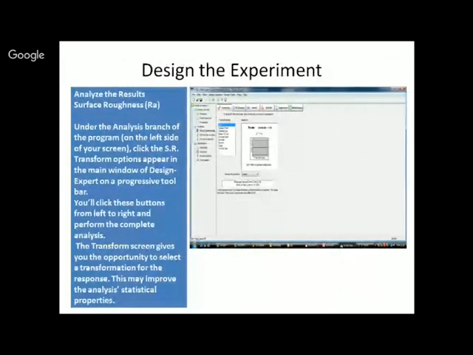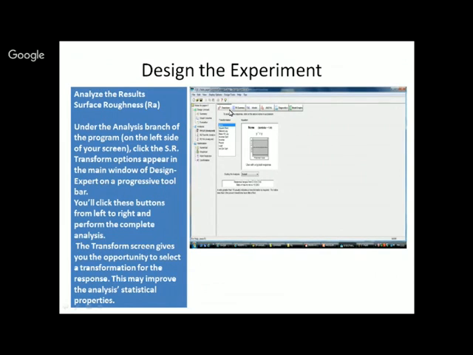After you submit your data into the software, you can see on the left hand side a transformation option appear in the main window.